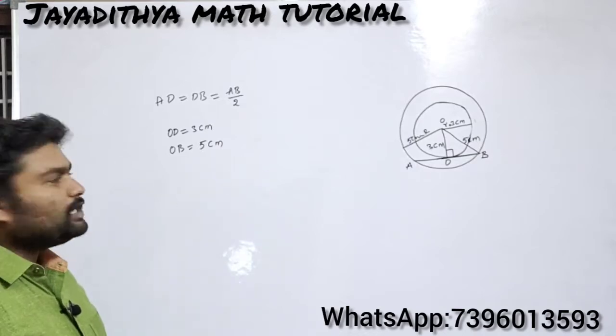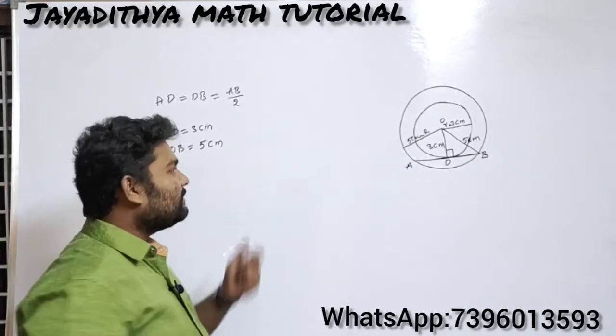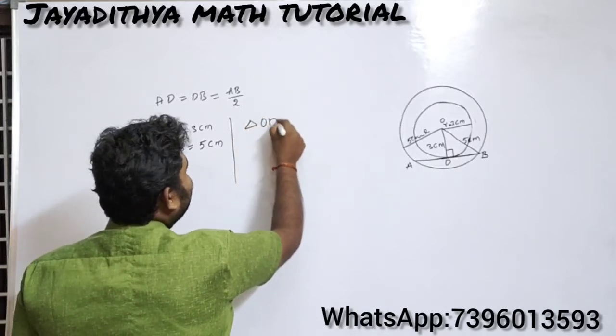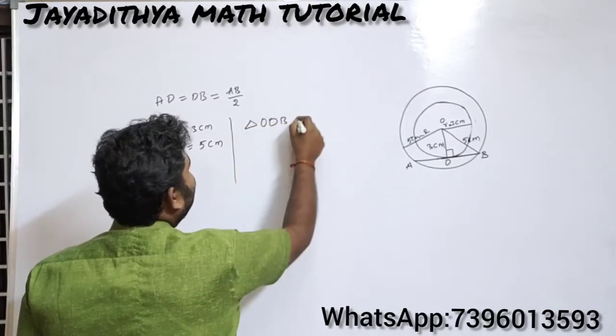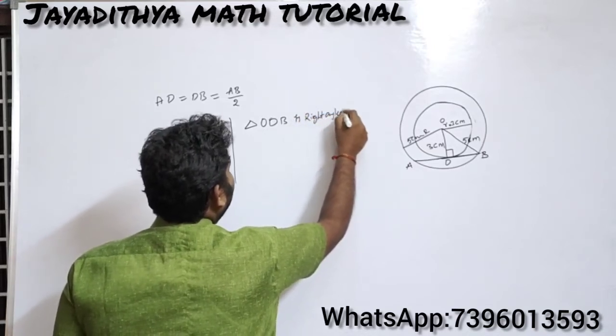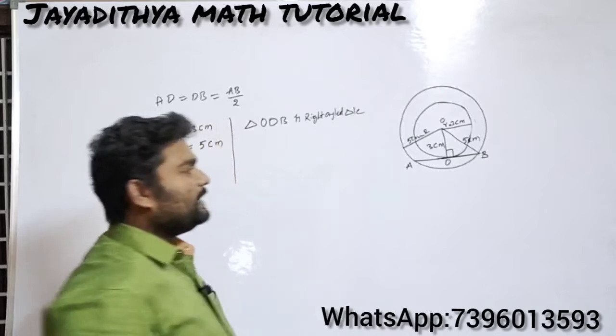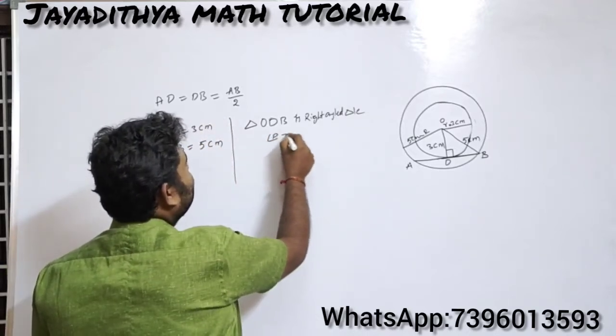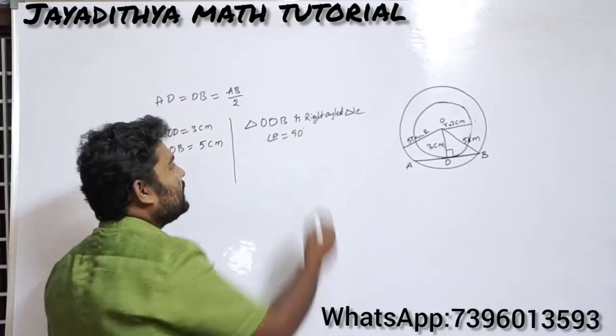So there you can observe a right angled triangle. Triangle ODB is a right angled triangle, with the right angle at D. Angle D is equal to 90 degrees. Therefore, what is our hypotenuse here?